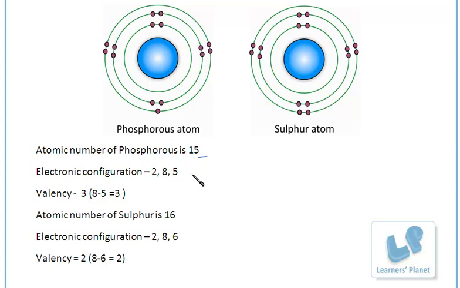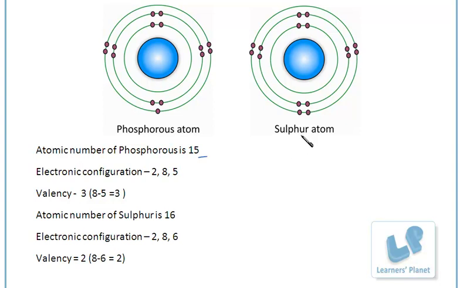What it can do is share. If it shared its 5 electrons, it would have 10 electrons in its outermost shell. So what will be the valency of phosphorus? 8 minus 5, that is 3. So the valency of phosphorus is 3. It shares its 3 electrons and attains the noble gas configuration.